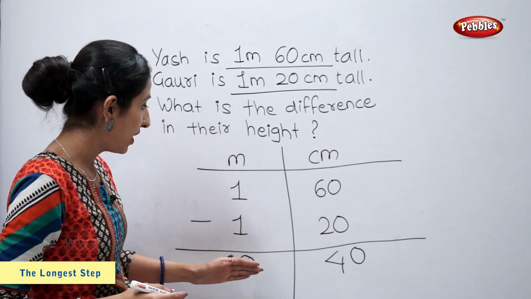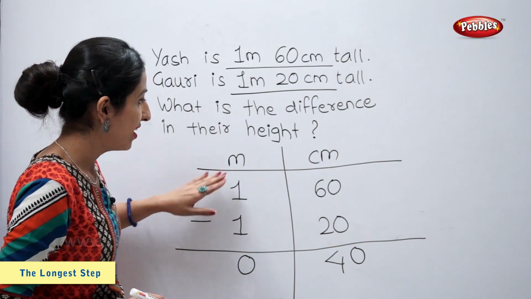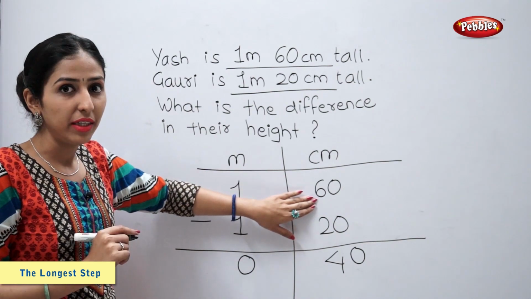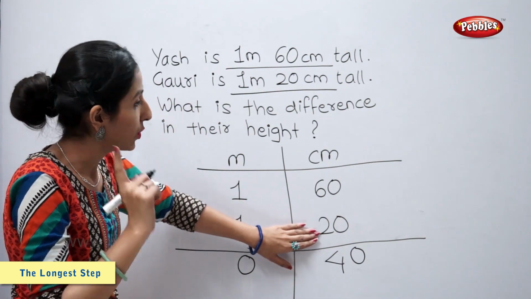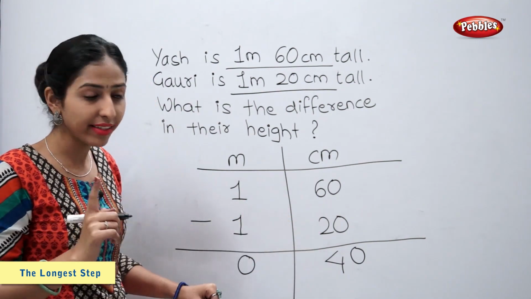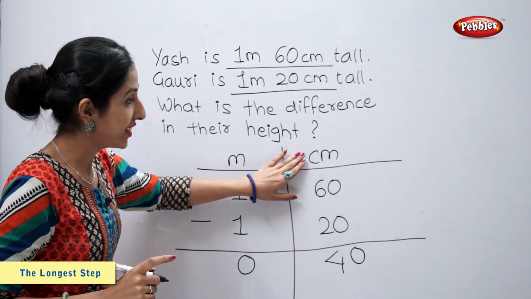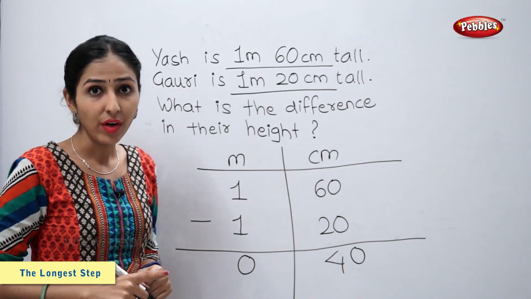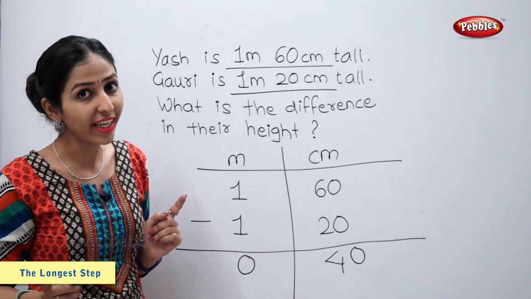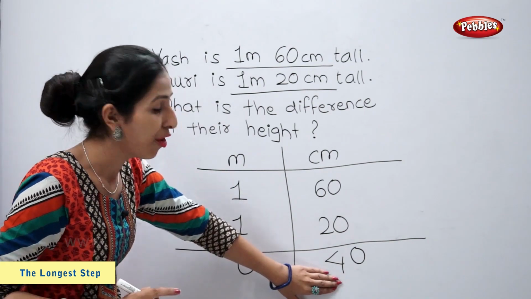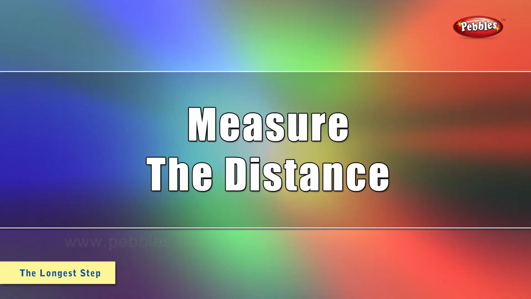So, the difference of 1 meter 60 centimeters and 1 meter 20 centimeters is 40 centimeters. So, the difference between the height of Yash and Gauri is 40 centimeters.